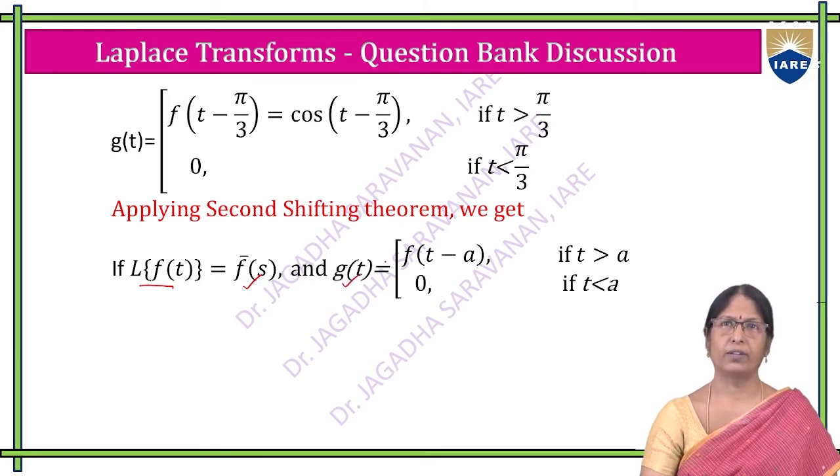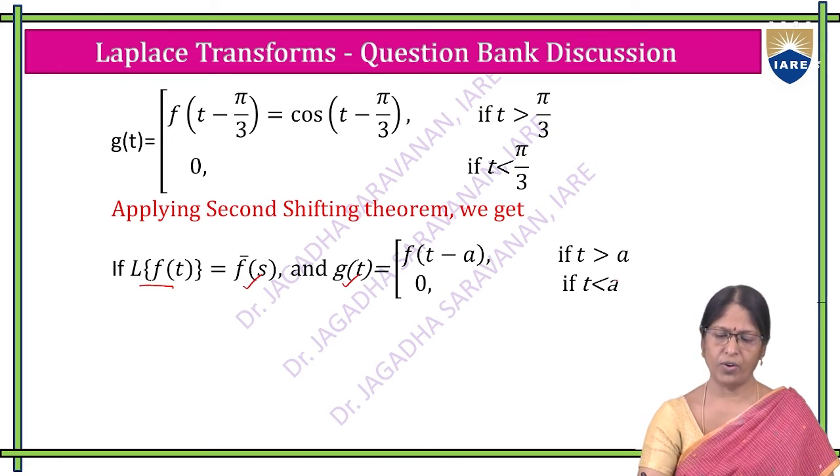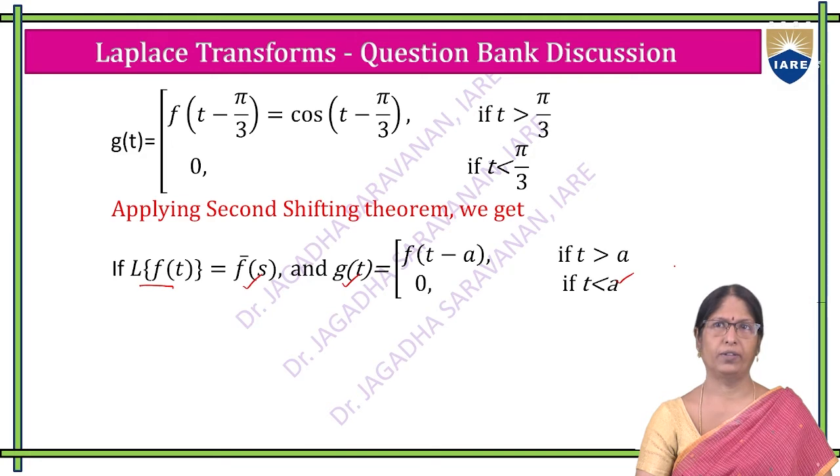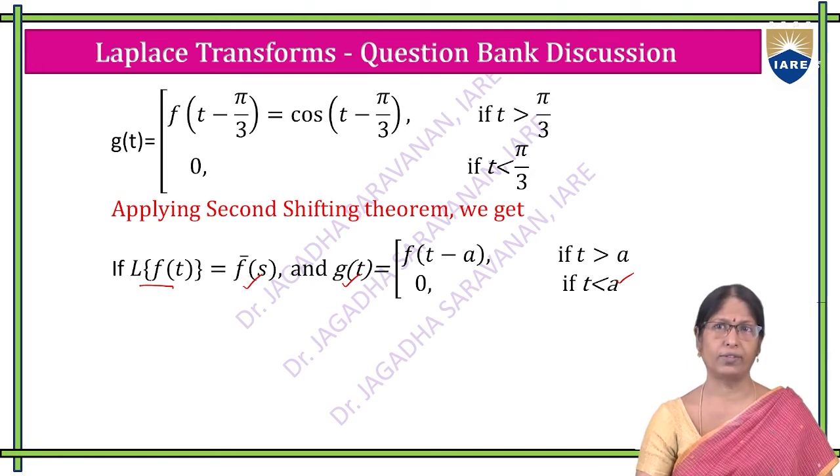For g of t, we are going to apply the second shifting theorem here. We recalled the formula for f of t and g of t, according to Bloom's first level. At the next level, we will understand the connectivity of the two functions f of t and g of t.